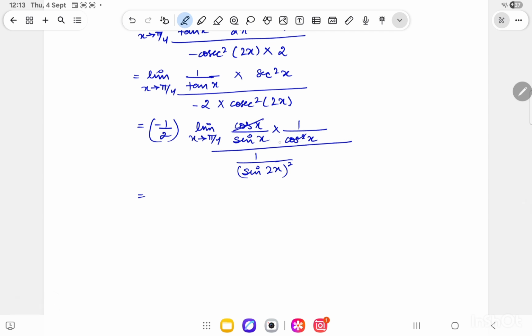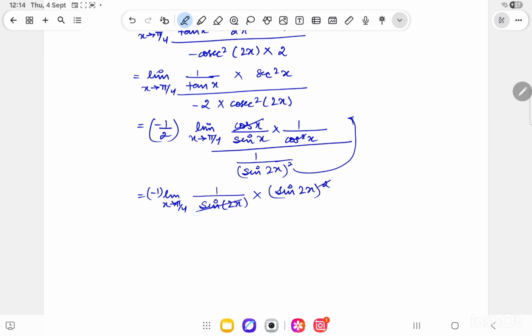So if I take this 2 inside, I'll be getting minus 1 into limit x approaches pi by 4 of 1 upon sin 2x into this sin 2x whole square will come in the numerator, so it will be sin 2x whole square.